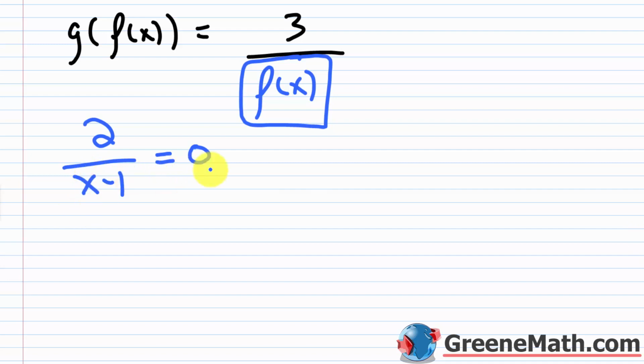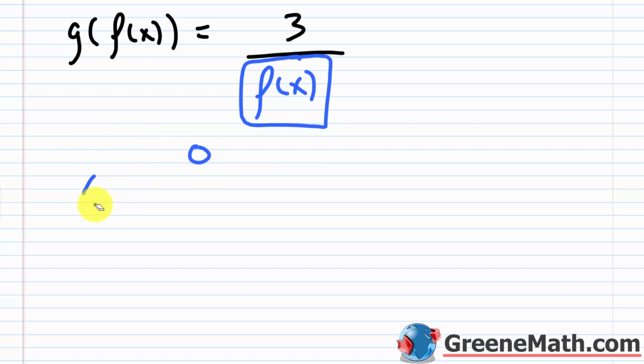You can go through and try, you will not, because 2 divided by x minus 1 will never give you 0. You can't plug in a 1 for x, we already know that, but you can plug in anything else, and you will never get a 0 here, because you need 0 in the numerator and a non-zero denominator to get a result of 0.